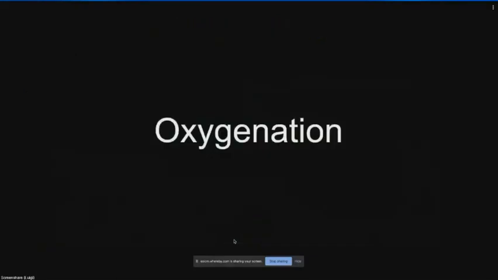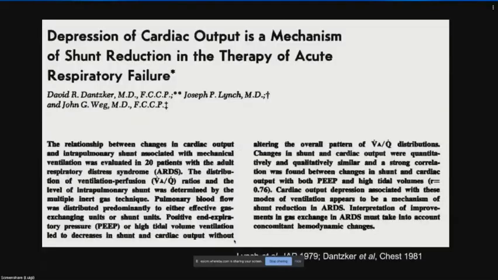So I'm just going to say something about oxygenation, and clearly the oxygenation, we all know CPAP or non-invasive ventilation improve oxygenation, the PF ratio improves, but some of it has to do with the edema itself and some of the effects on the alveolar level, but some other things has to do with more of a hemodynamic impact.